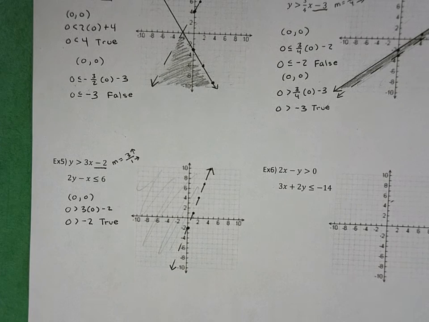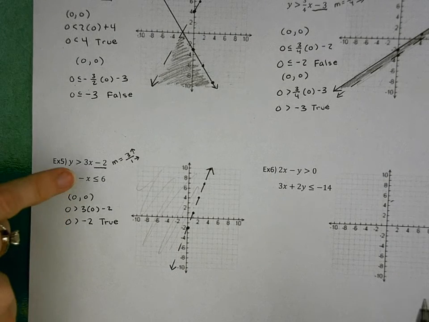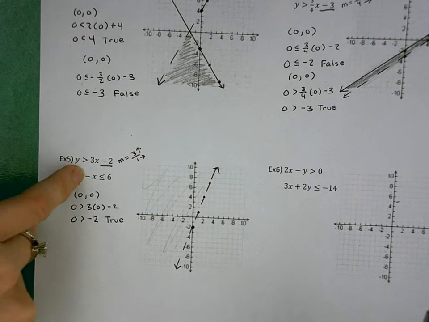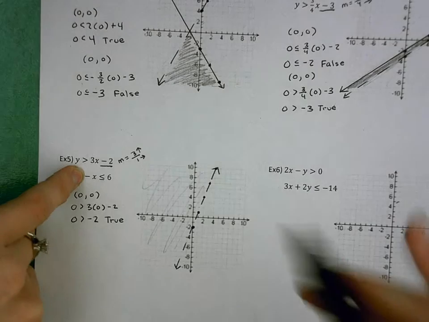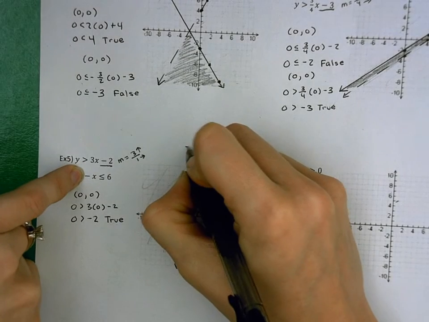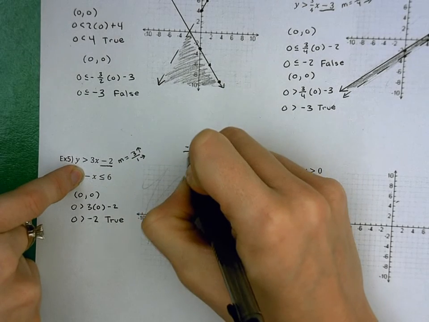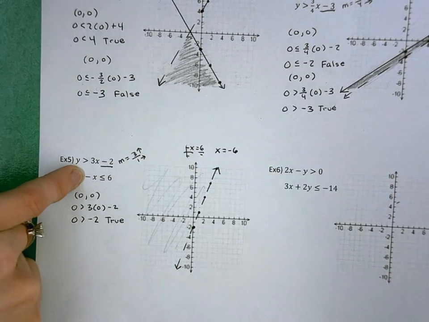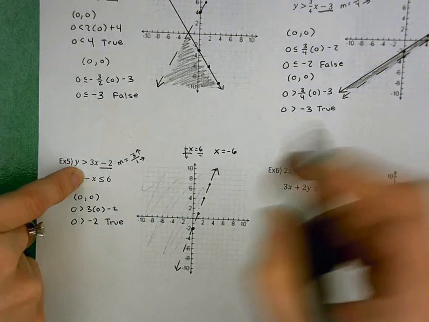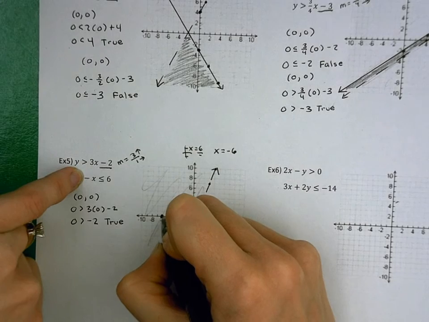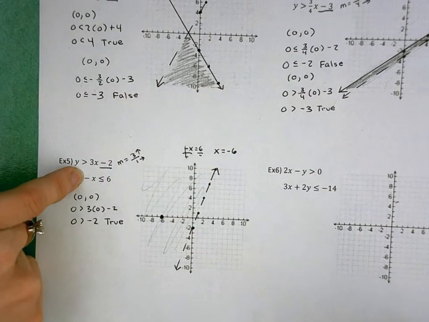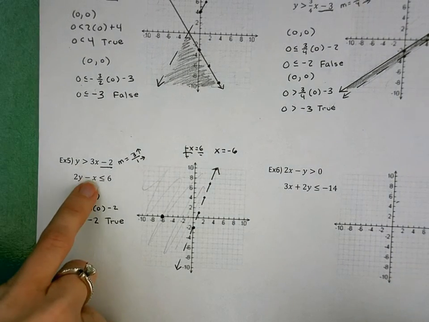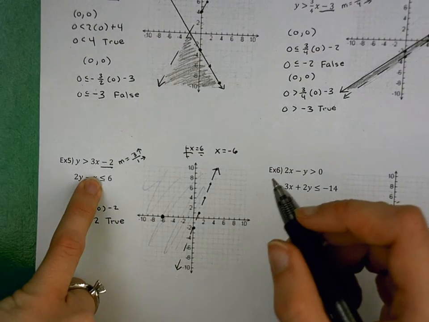Okay, next up we have a standard form here. So finding my x-intercept, we have -x equals 6. So if I divided that negative over, we'd get x equals -6. So that's my x-intercept. Okay, my y-intercept, if I cover up that x, I get 2y equals 6.